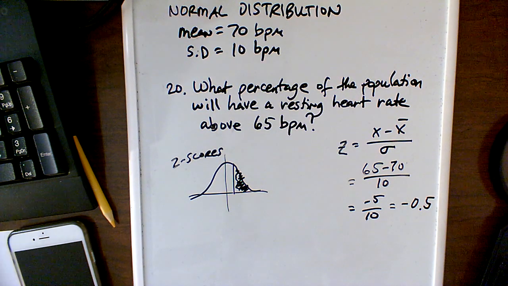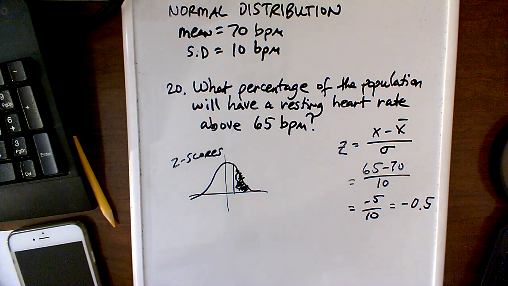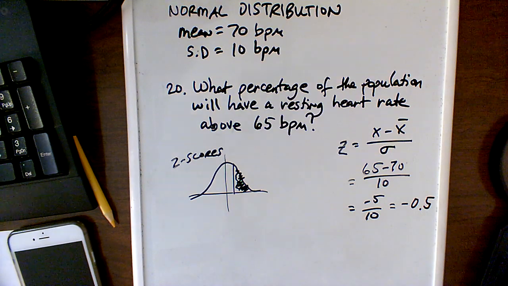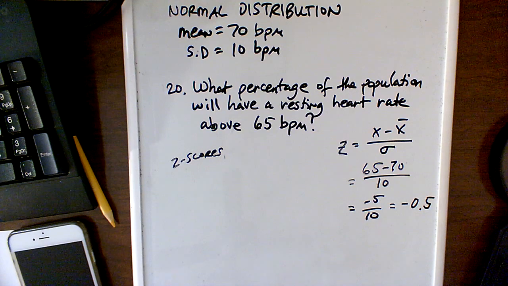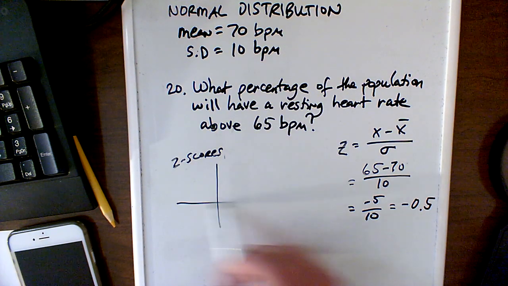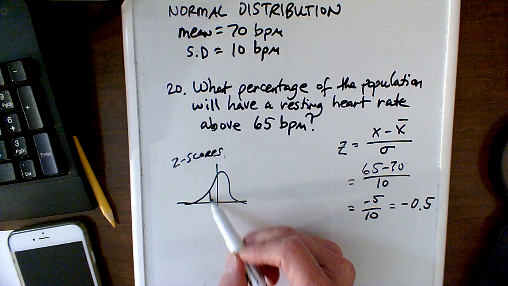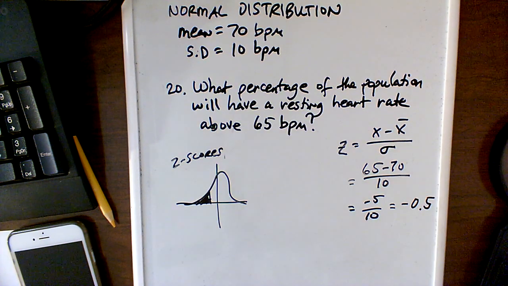So there's tables that you can look up. Some of them are for negative z-scores, and in this case our point is going to be a negative z-score.